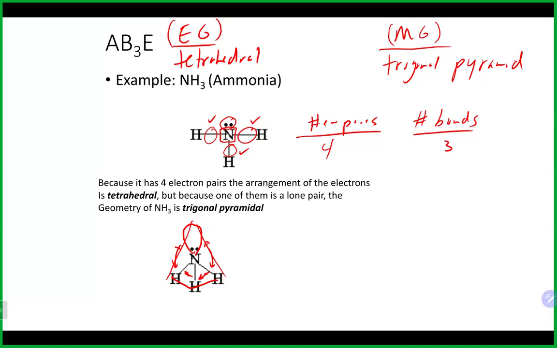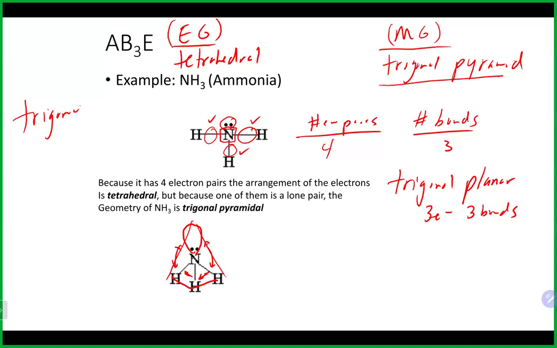Now, this does bring up a good point about some naming. We saw earlier our friend trigonal planar, which is 3 electron pairs and 3 bonds, and trigonal pyramid, which is 4 electron pairs and 3 bonds. There is a difference, and you should state the difference when you're asked that question. You should not just write trigonal and let me choose, because I will choose an X, so it'll be wrong.